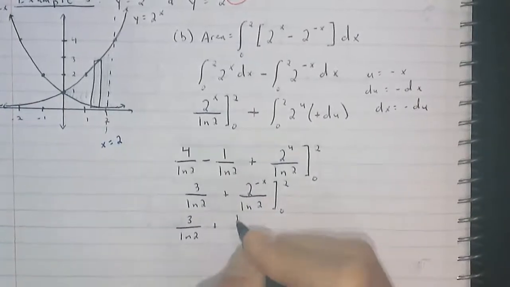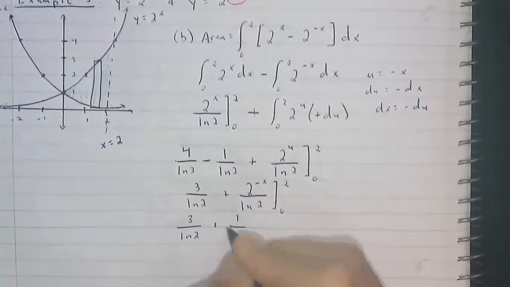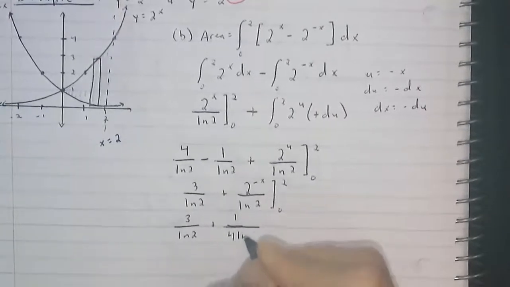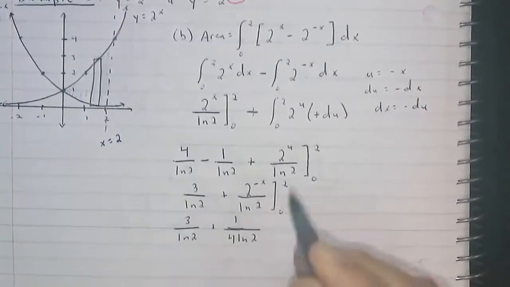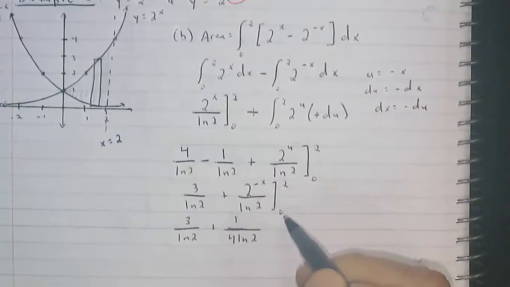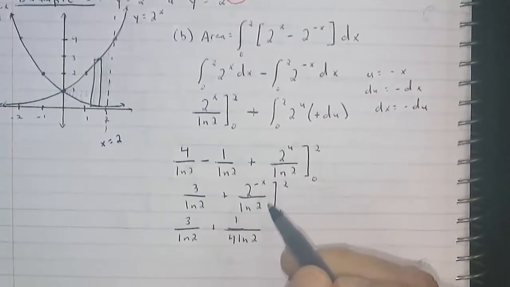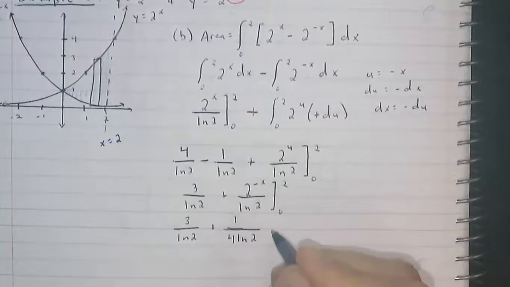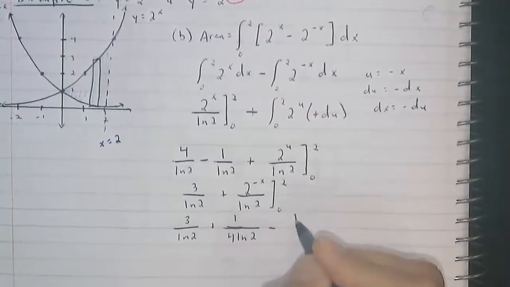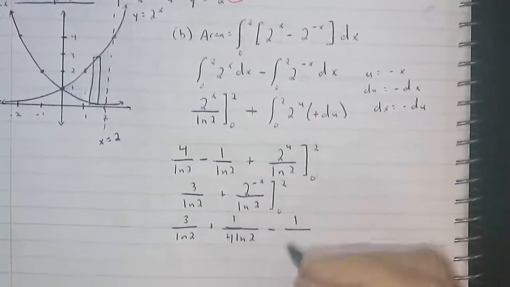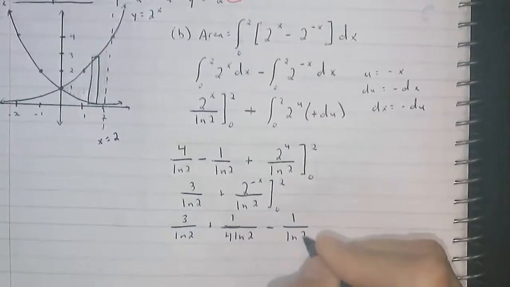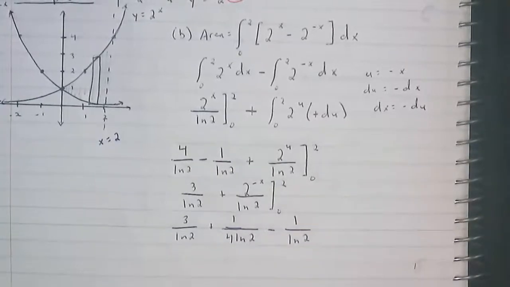So we get 1 over 4 times the ln of 2. 0, when it's negative, is still 0. So that becomes a 1 over the ln of 2.